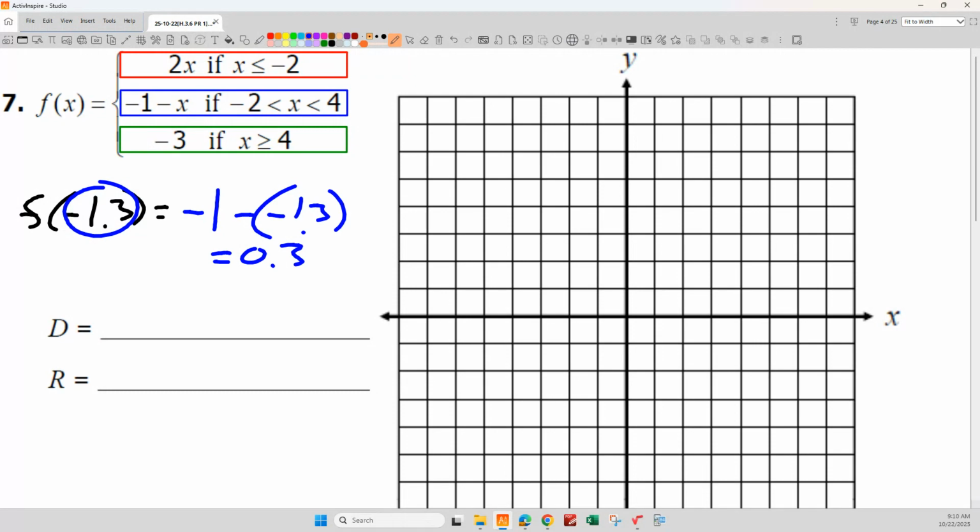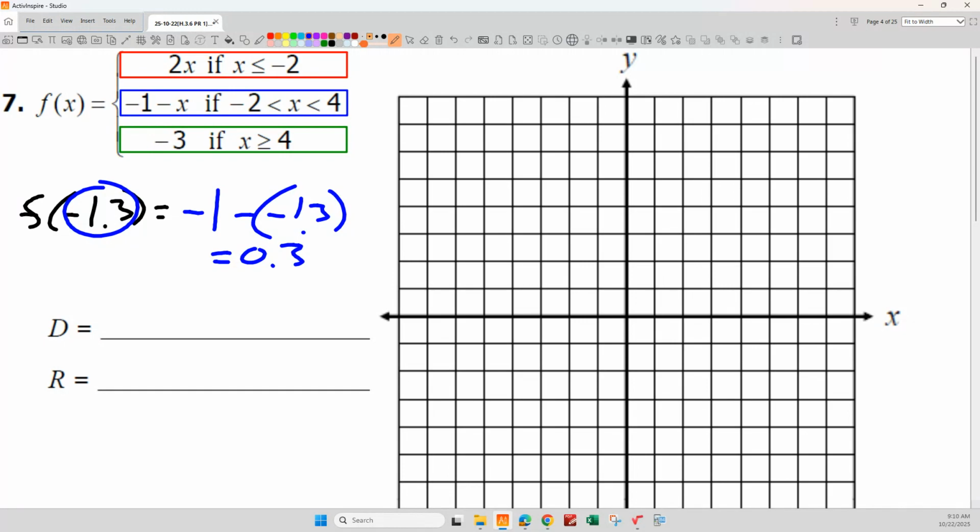What if I wanted to evaluate the function at negative 10? I'd plug it into the red domain, right? Everybody see that? So you have to choose the piece based on the domains of the pieces when you input a value, okay? So evaluating them, no big deal, right? You just have to be careful to determine which domain the input x value fits into.